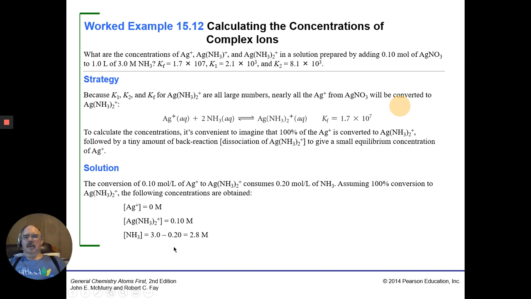The ammonia concentration initially, we start off with 3 molar ammonia, and this is a 2-to-1 ratio. Since there was 0.1 of this to begin with, it reacted with 0.2 of the ammonia, and so that leaves 2.8.